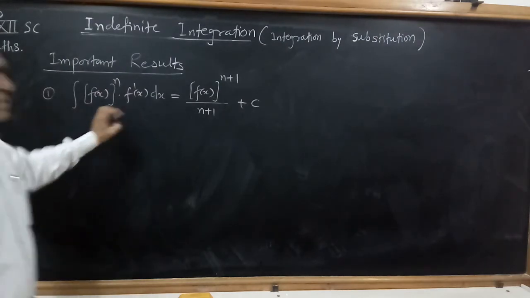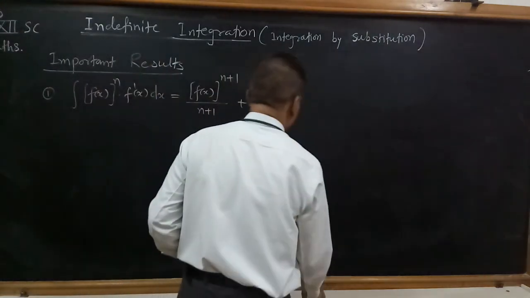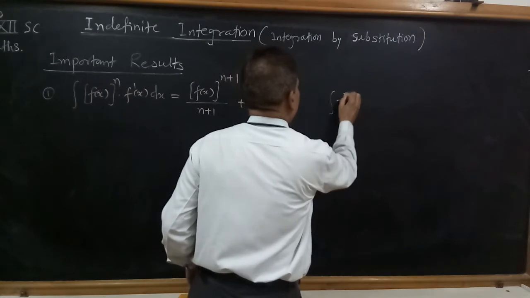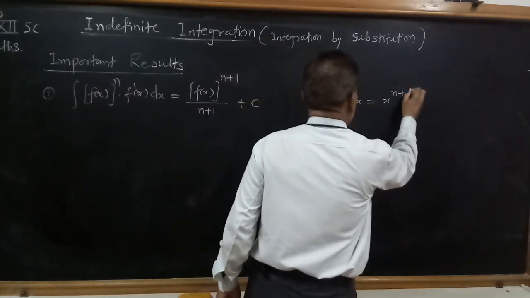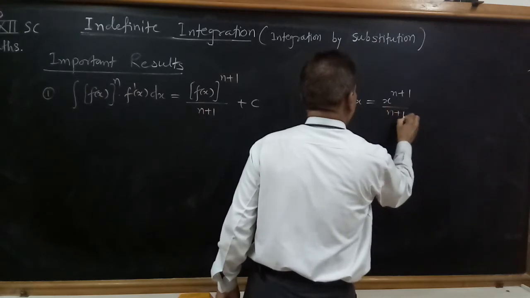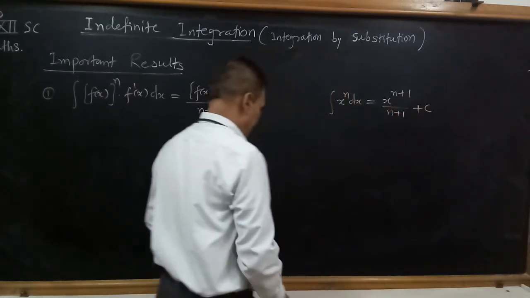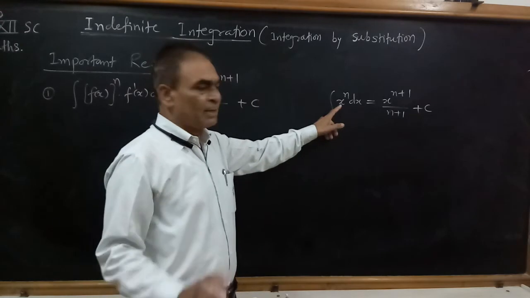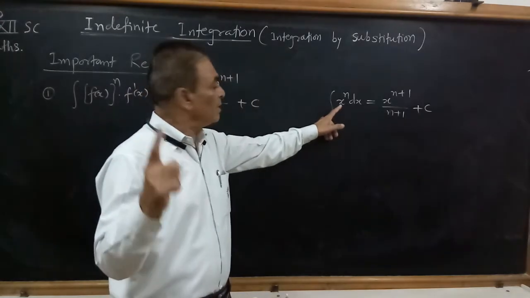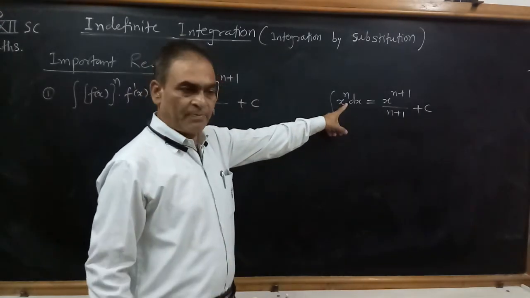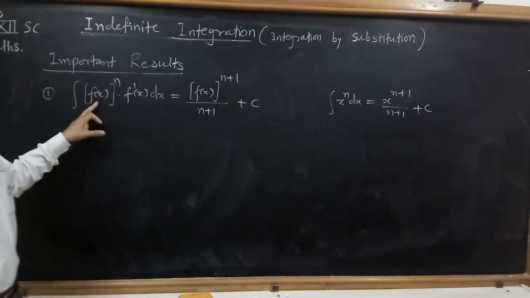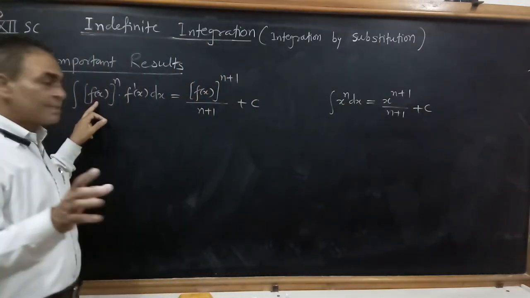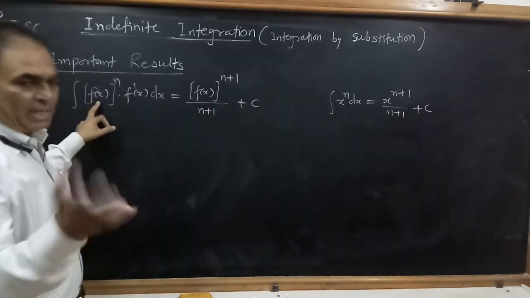This is just similar to our standard formula: integration of x raised to n dx is nothing but x raised to n plus 1 upon n plus 1 plus c. Here x is present, therefore the derivative of x is 1, that is in front of that. But in the general result, not only x but also f of x, meaning any function, is there.